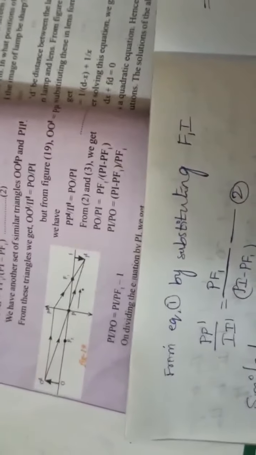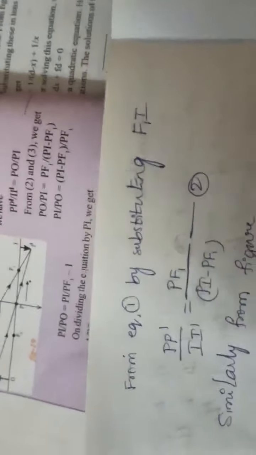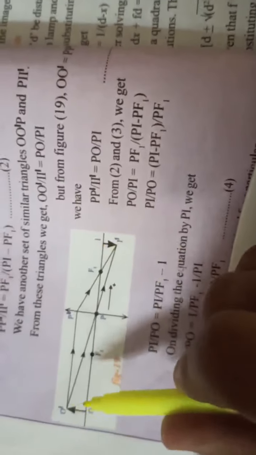So from figure O dash P and triangle PI dash, these two are right angle triangles. Right angle at I, and right angle at O.